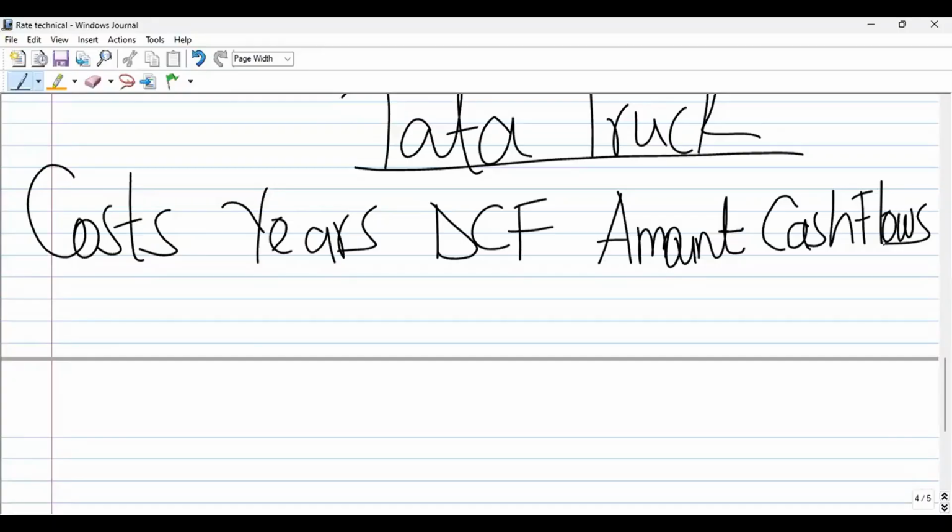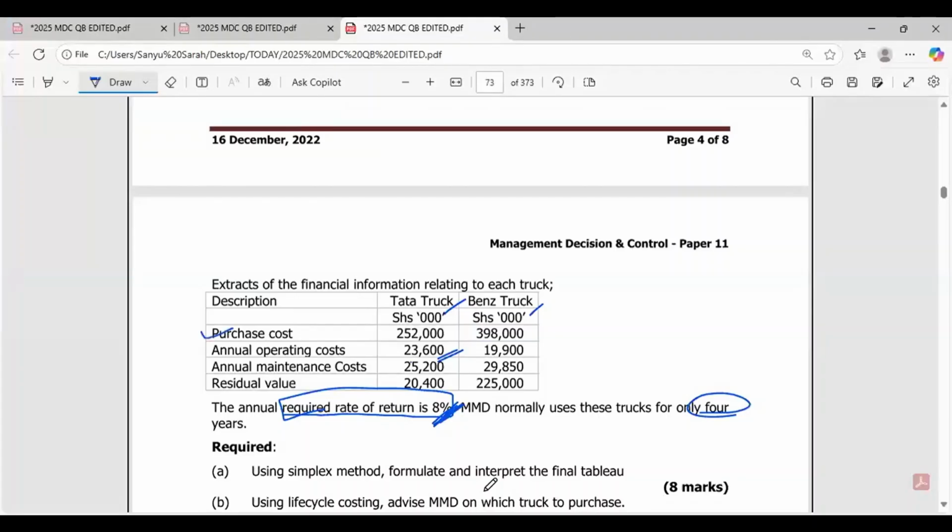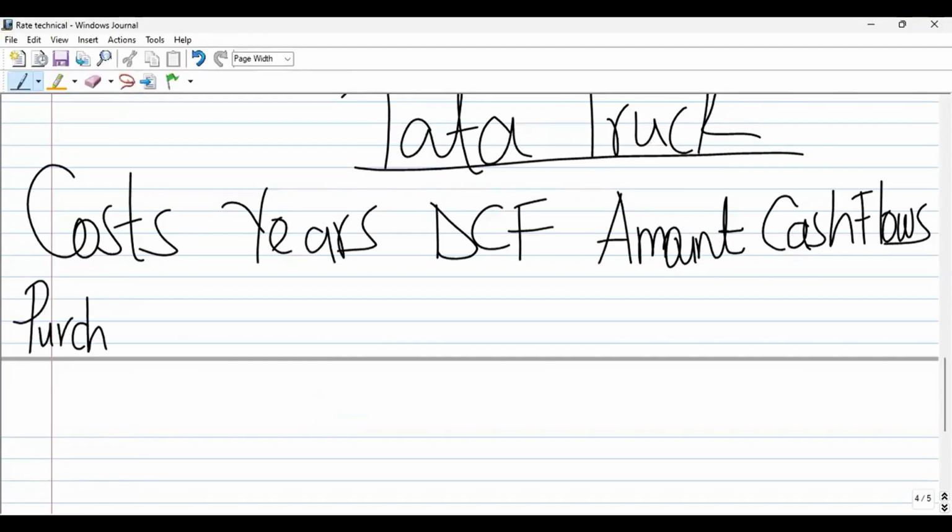So we go back to the question and we see the costs they have given us. The first cost given to us is the purchase cost. I come under cost and I show purchase cost. In which year do you incur the purchase cost?